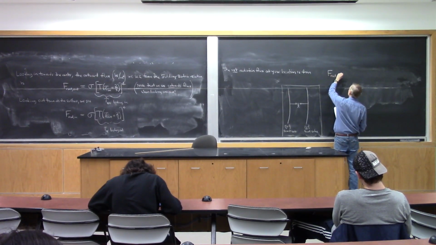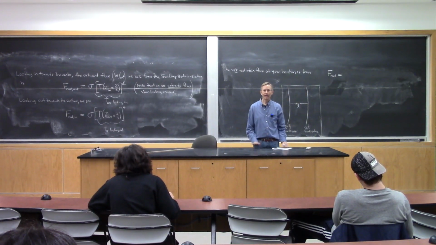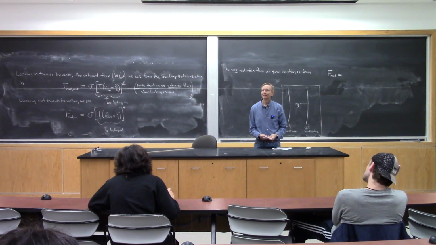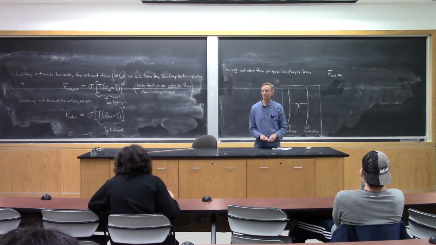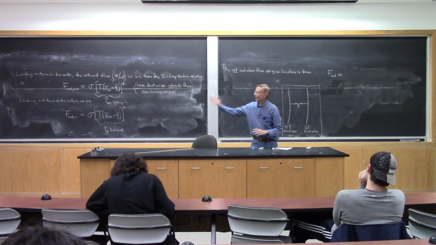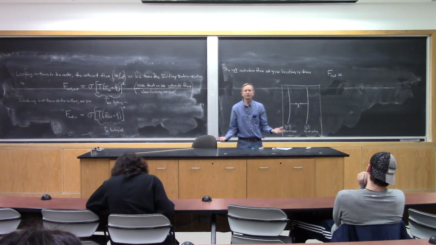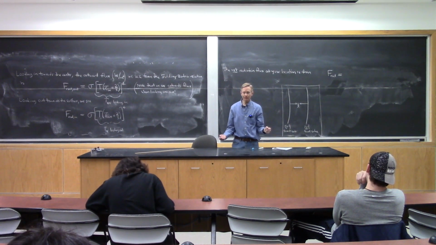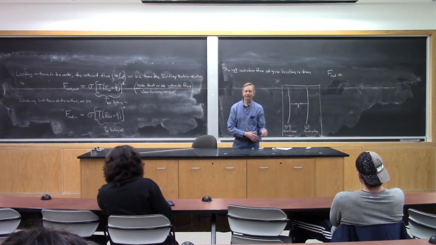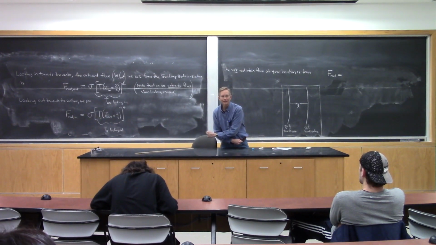F rad equals, how am I going to get F rad from F rad out and F rad in? What's it going to be? Not adding them up, because I want the net flux, and if I look in, I've got outward traveling photons. If I look out, I've got inward traveling photons, right? If I'm in a train station and I want to know how many people are getting on the train, and there's 100 people leaving the train and 120 people entering the train, what's the net number of people entering the train?